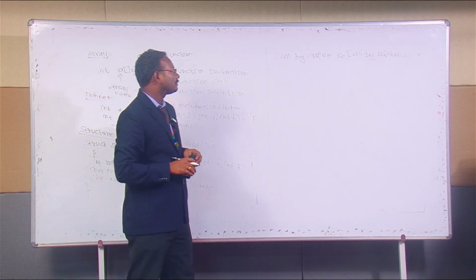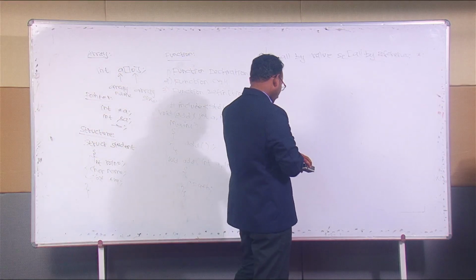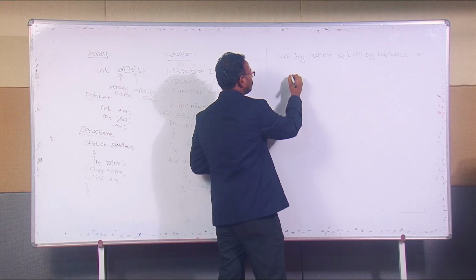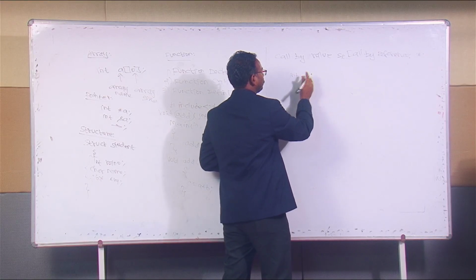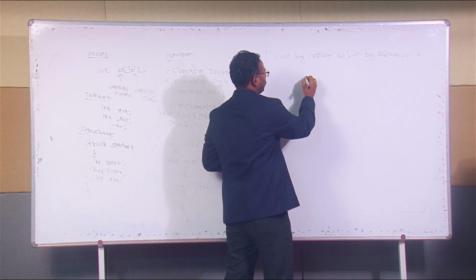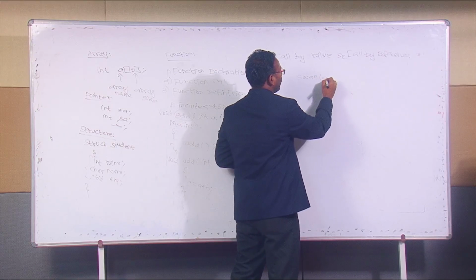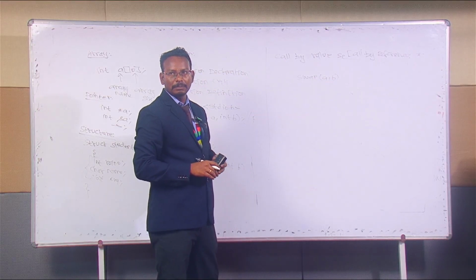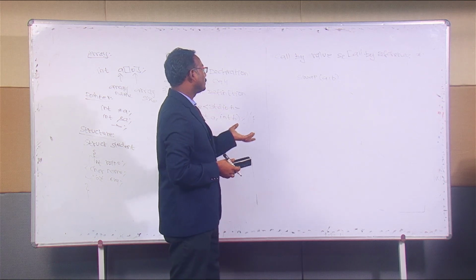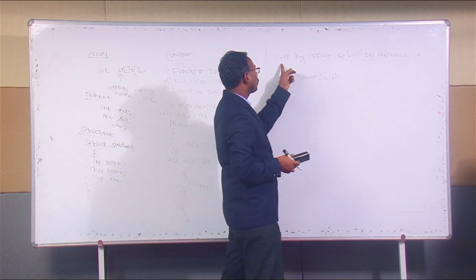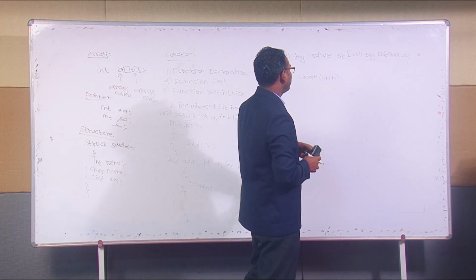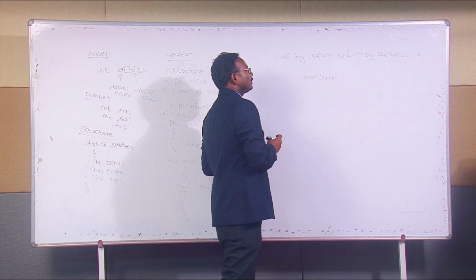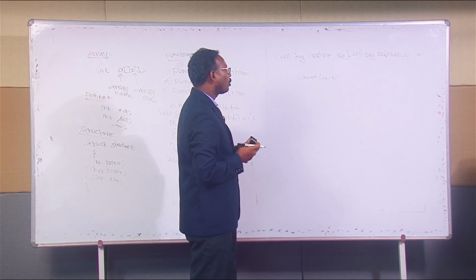In call by reference, we access the data by using its address. For example, in call by value, int swap a comma b, we give the swapping concept, so we can access the data directly, and we call that call by value. Call by reference is used for addresses. By using the addresses to access, that is called call by reference.